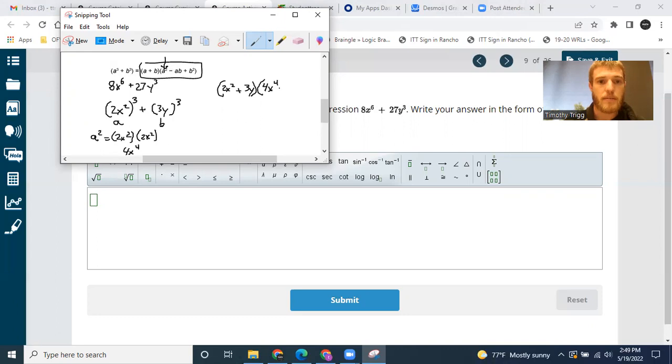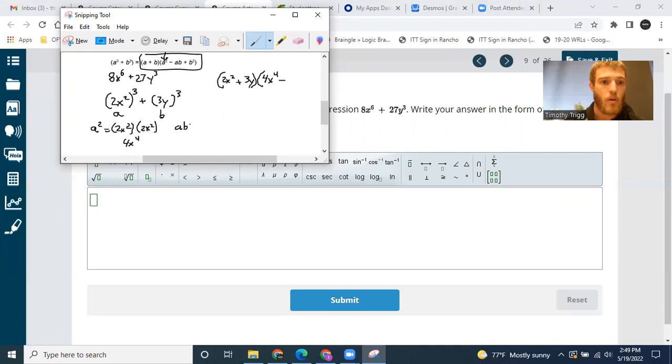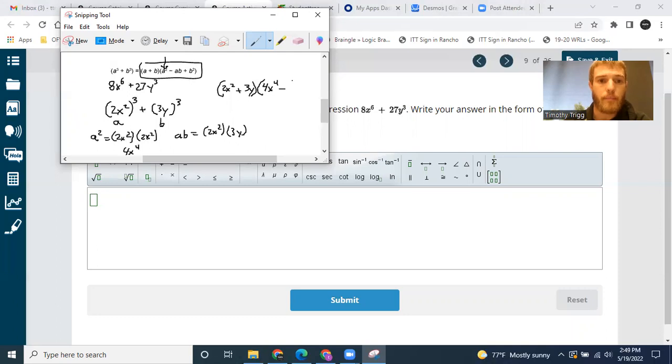Then we have a minus, and here it says a times b. So we're going to do a times b. Well, what's that going to be? Well, our a is 2x squared, and then times the b, which is 3y, right? Our b is 3y. So that's going to make 6x squared y.